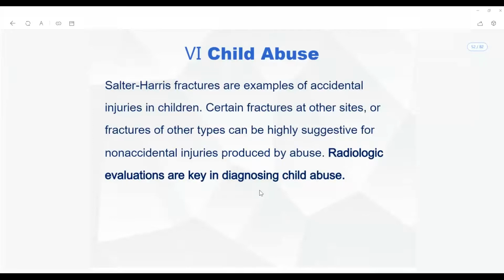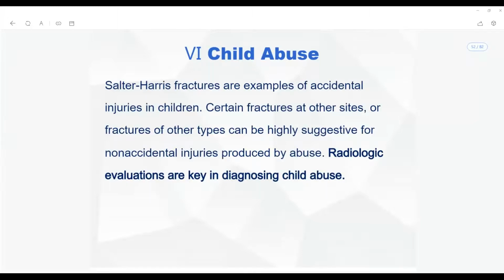But there are some other types of fractures which may be related not to accidents, but to abuse, which is called the BBS.